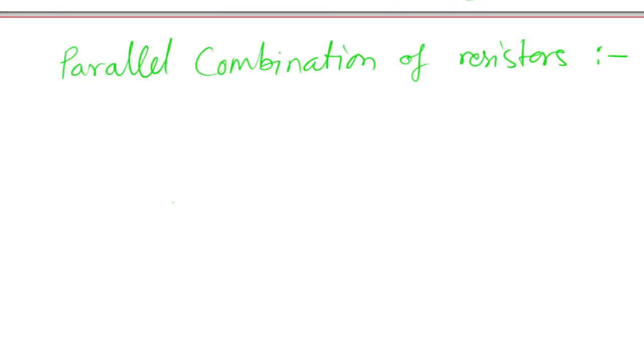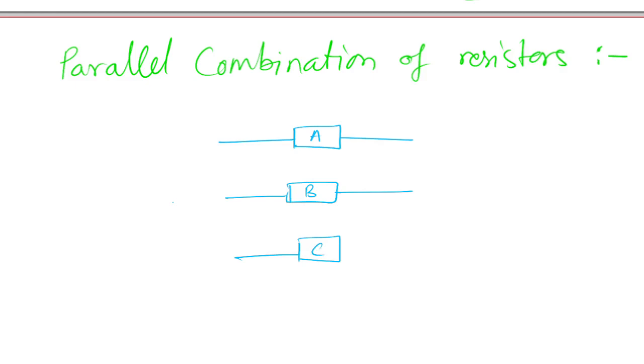In the case of parallel combination of resistors, first of all, let me draw a circuit diagram to show how it looks. Take three resistors again, A, B and C. Let's say I'm connecting the ends of resistors A and B like this. If you remember, I had given them names, end 1 and end 2.